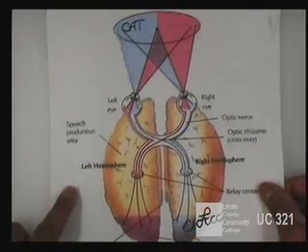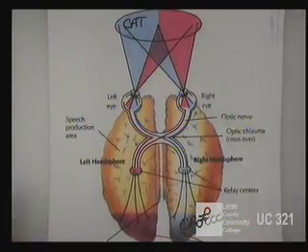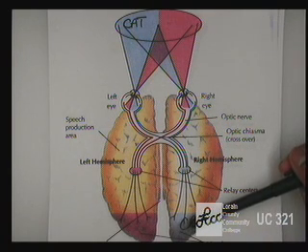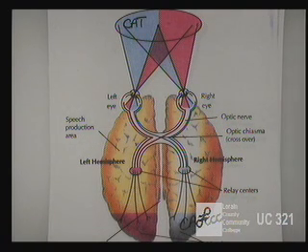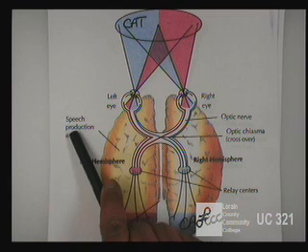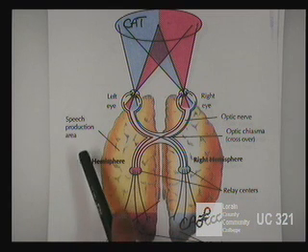Well, let's go back to this one real quick. You flash the picture to the left visual field, it goes to the right hemisphere. Now, when you ask them, tell me, what did you see? You're asking them to respond verbally. In order to respond verbally, they are going to use their speech, their language.